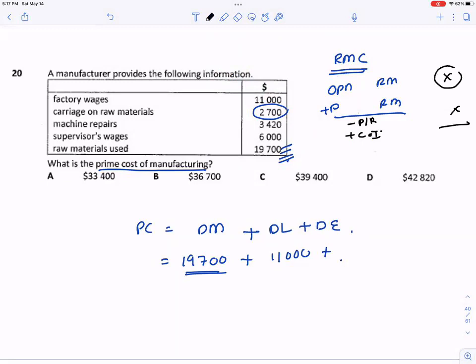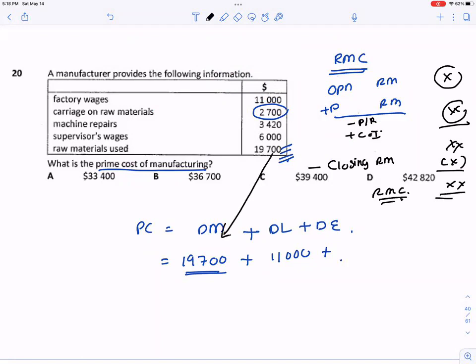So opening raw material plus purchases of raw material minus closing raw material would give you raw material consumed. And they've already given you the raw material consumed, so this will be ignored. Are you with me?